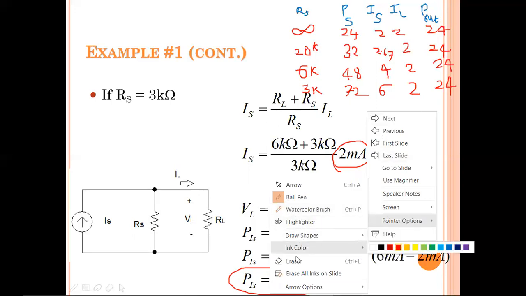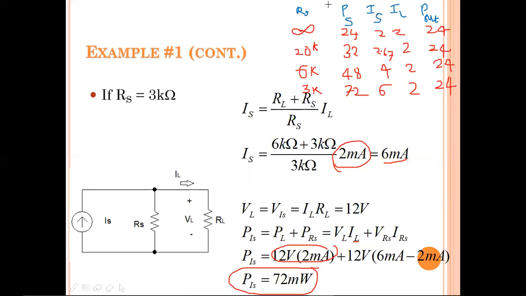Very important analysis. So observe this table very clearly.